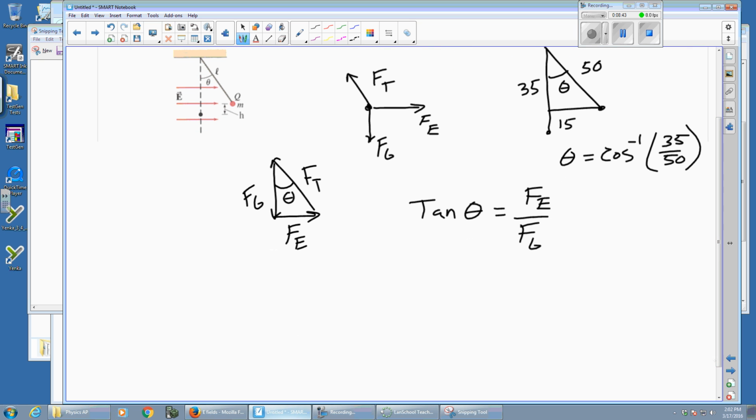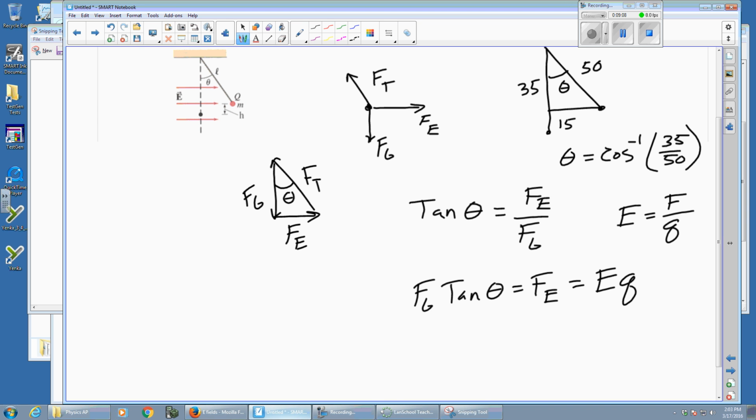I'm interested in the charge, so I'm going to rearrange this so Fg tan theta equals Fe, which equals, remember, electric field strength is F over Q. So the force is E, the electric field strength, times our charge Q. Do they give us the electric field strength? Yeah.